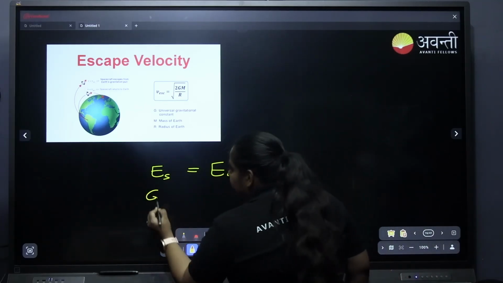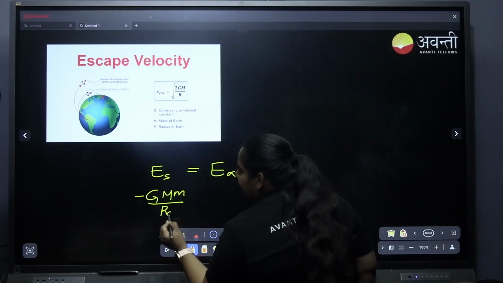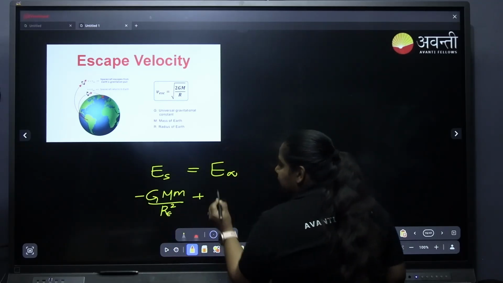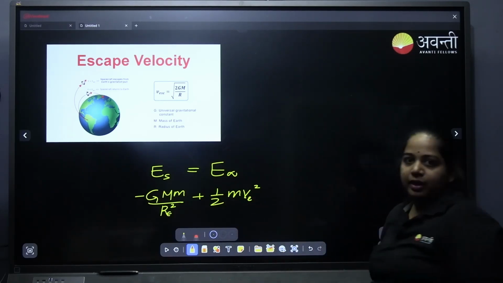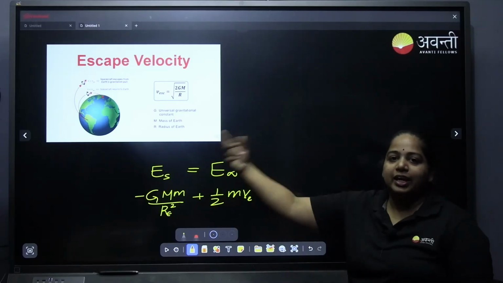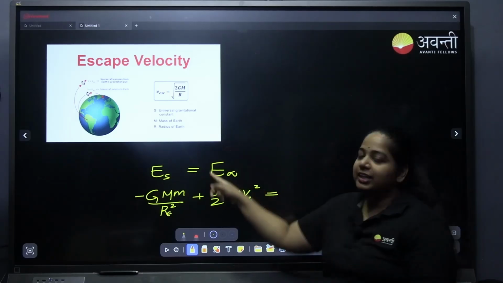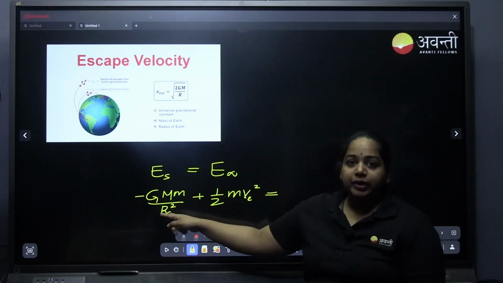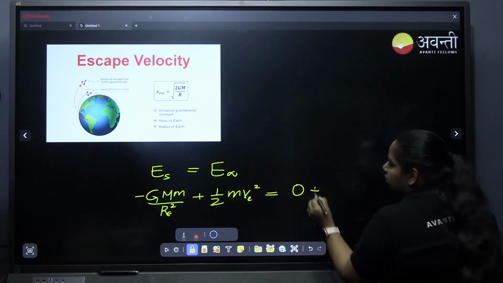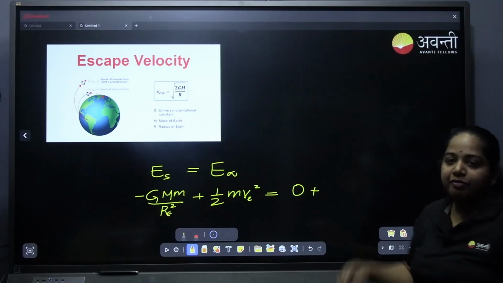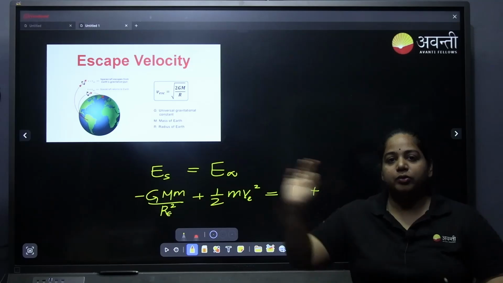Energy at the surface will be potential energy, minus GMm by Re square, plus half m escape velocity square. Potential energy plus kinetic energy on the surface equals the energy at infinity. If we put r equal to infinity, potential energy will be 0. If you are taking escape velocity, we are just taking velocity from here to infinity.